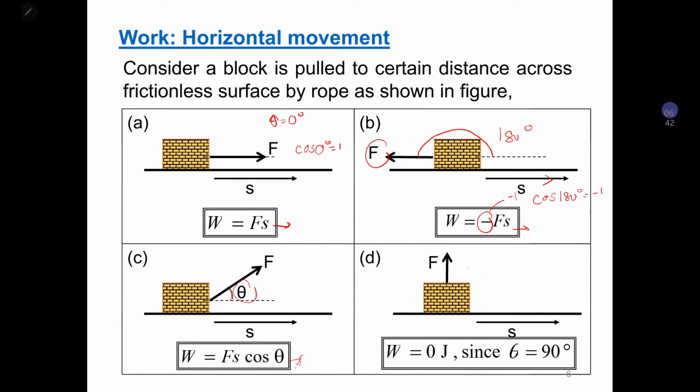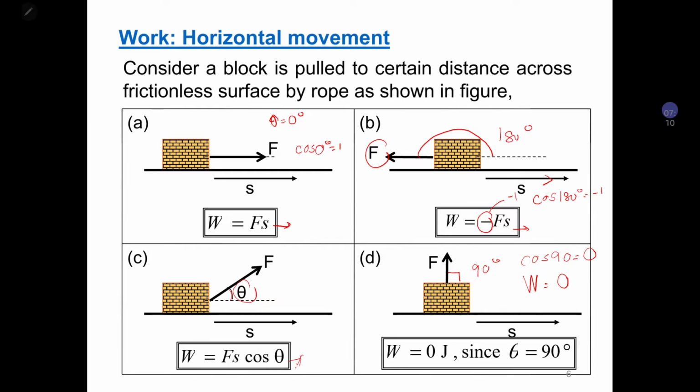Okay, if you look at figure D, the direction of force is upward and the direction of displacement is to the right. So the angle between force and displacement is 90 degrees. If we calculate cos theta, cos 90 degrees is equal to 0. So that's why the work done by this force is equal to 0.